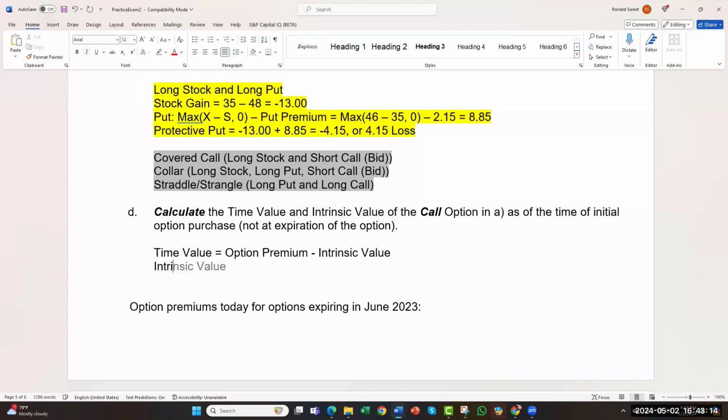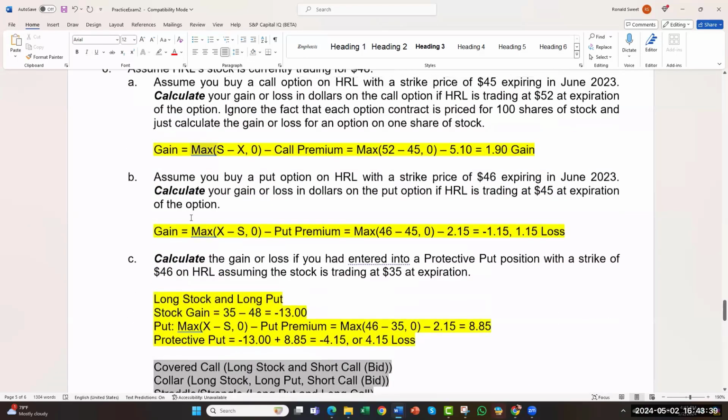The intrinsic value, here we're talking about a call, is what we've been using over and over again. So you don't need anything new here. It's going to equal the max of S minus X comma 0. That's the intrinsic value. Don't subtract the option premium, right? The intrinsic value is the first part of this formula.